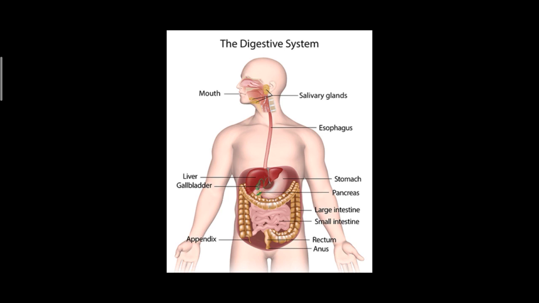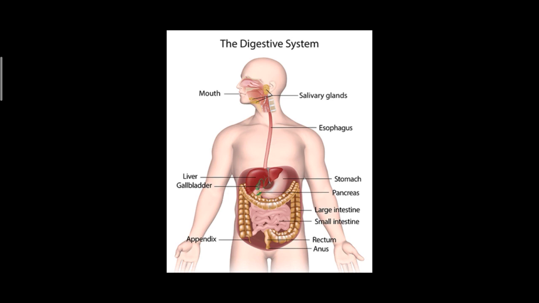While eating, we take our food through the mouth. We will take our food and keep the food in our mouth. So mouth is the first part of the digestive system. And from the mouth, the food passes through the continuous canal.